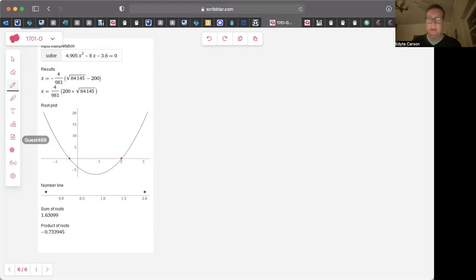Right, okay, so it says root 84145, so 490, times by 4 divided by 9.81 times 490.